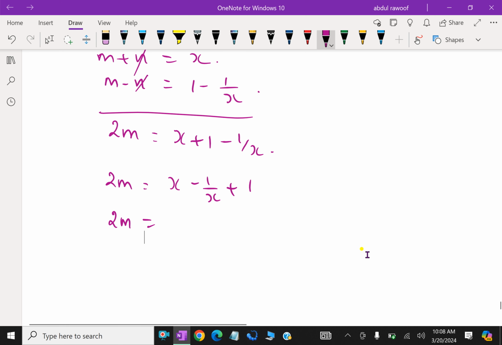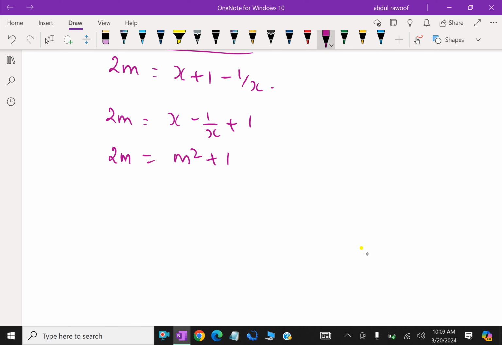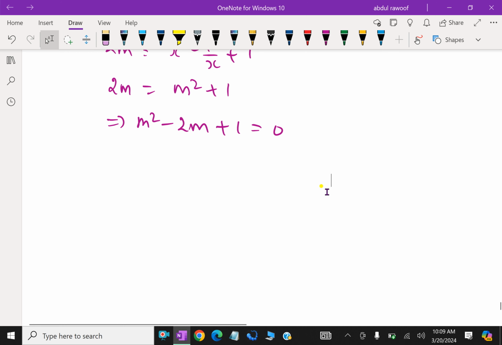So without square root it becomes m square plus 1. So collecting, m square minus 2m plus 1 equal to 0. It's a quadratic. So factorizing, which gives m minus 1 the whole square equal to 0. From this, m equal to 1 repeating.